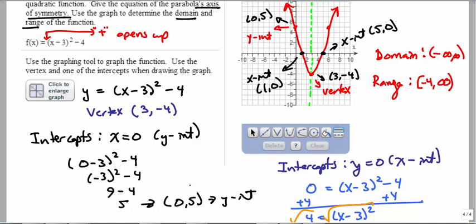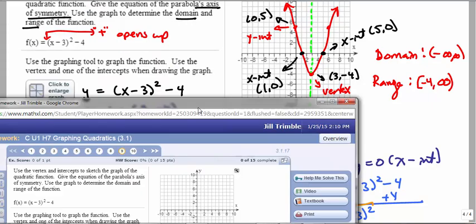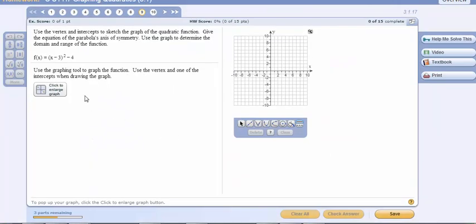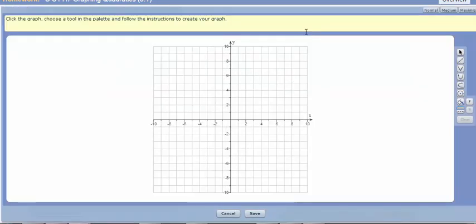So let's go ahead and pop open the same problem in MyMathLab, and let's see how we might go about graphing this. Okay, so first of all, it says use the graphing tool, use the vertex and one of the intercepts. So to use the graphing tool, and I can make the graph bigger, kind of makes it easier for me to see, I'm going to graph the parabola. And if I remember correctly, our vertex was at 3, negative 4.